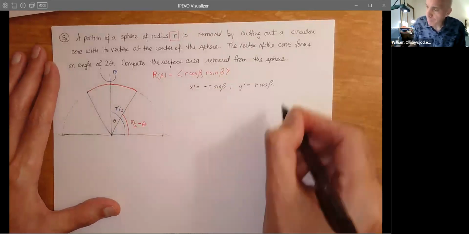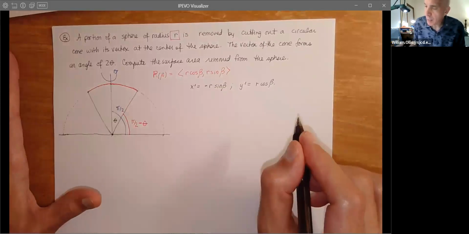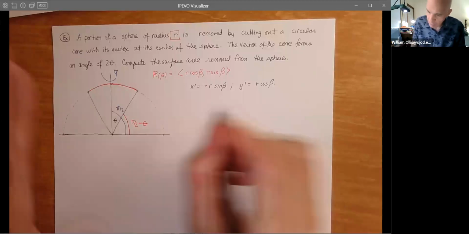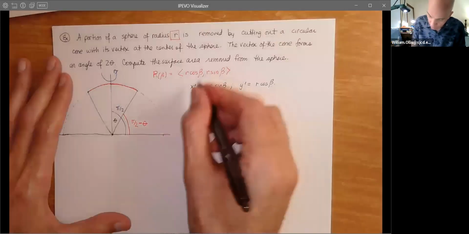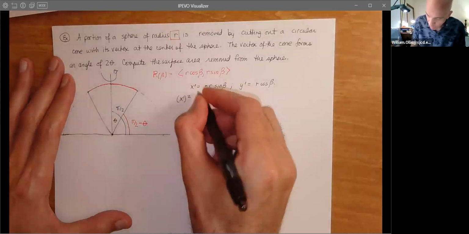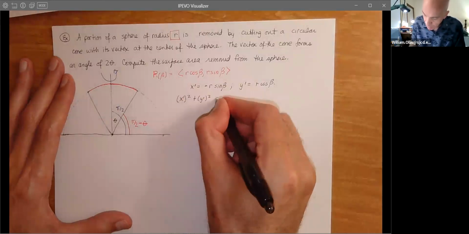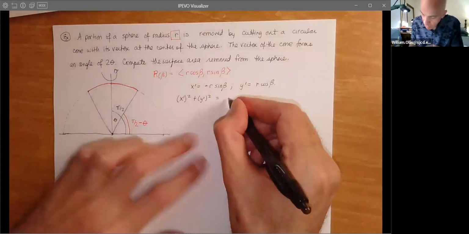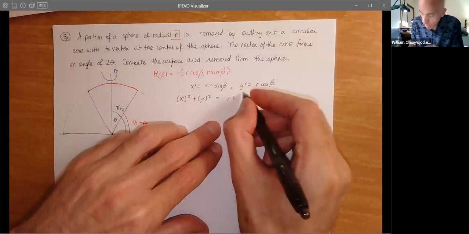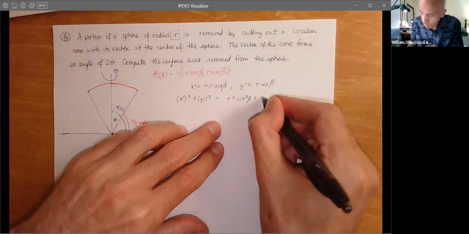So now, if you will, this is where we have to think about the fact that when we actually work this, what do we get? So let's do our computation. X prime squared. This is a lot easier than the last problem we did. Y prime squared will be, square this out, the negative goes away, r squared sine squared beta plus, we'll do this a lot with polar coordinates.